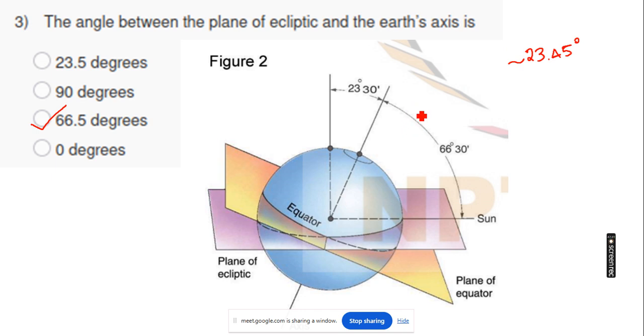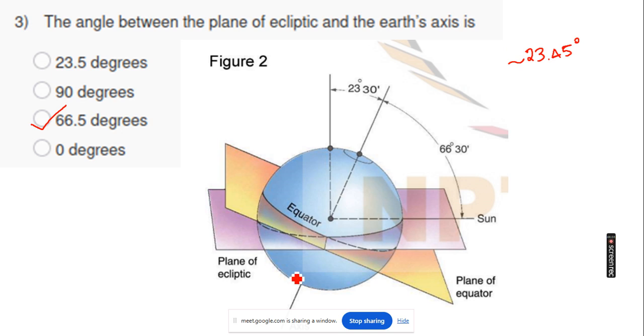And now, because of this tilt, we have different latitudes. The different latitudes are also having this tilt. So when we draw an equatorial plane, this will be a bit tilted. The equatorial plane is basically normal to the axis.